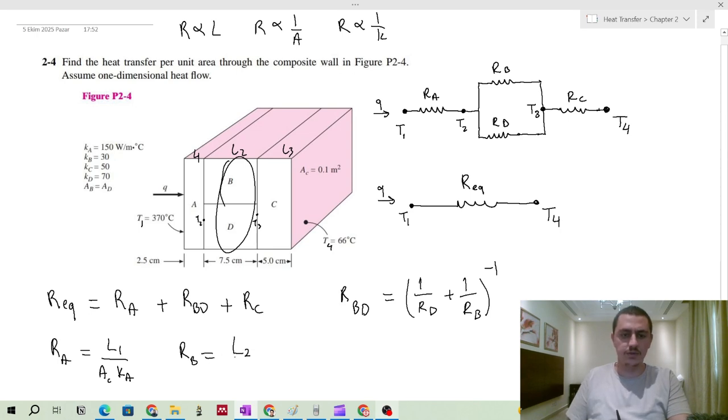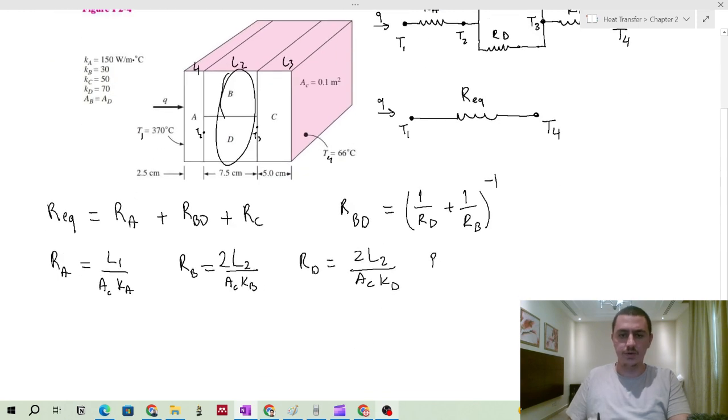It's L2, same length, but the cross-sectional area decreases to half. So you have AC over 2, or you can say 2L2 in the numerator, over AC times KB, the conductivity of B. Let's go quickly. You have the same idea for D: same length, same area, and different conductivity. And RC is L3 over AC times KC.